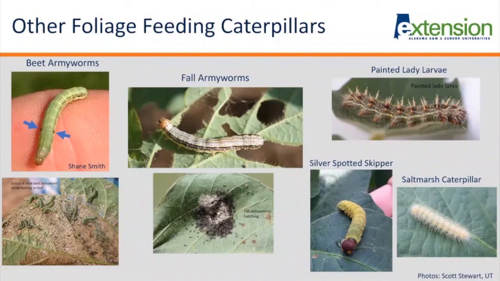Not common that you'll see these pests or really anything I'd say, but soybean loopers at threshold levels by themselves. As I mentioned earlier, we're dealing with a complex of different pests that are feeding on foliage.